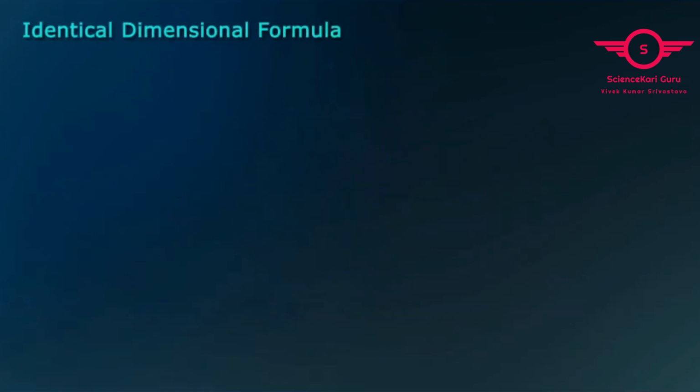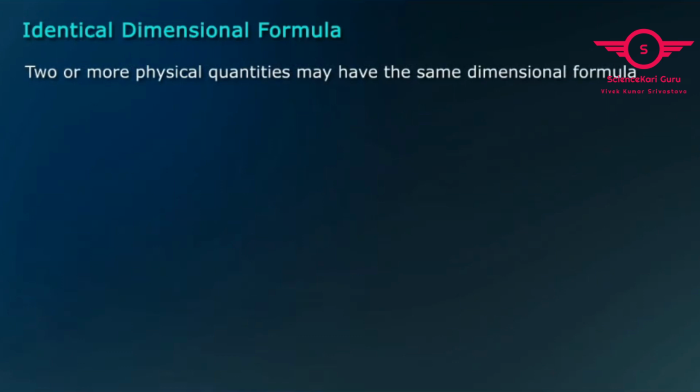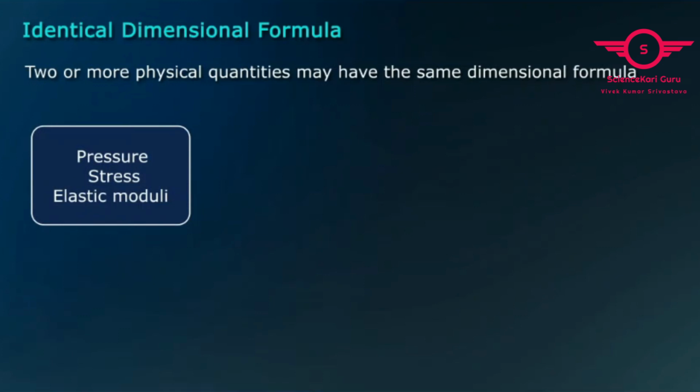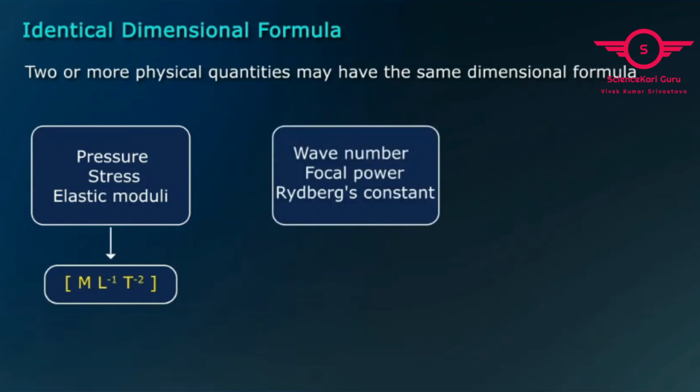Identical dimensional formula. Two or more physical quantities may have the same dimensional formula. Some physical quantities with identical dimensional formula. 1. Pressure, stress, elastic moduli have same dimensional formula, that is, ML power minus 1, T power minus 2. 2.